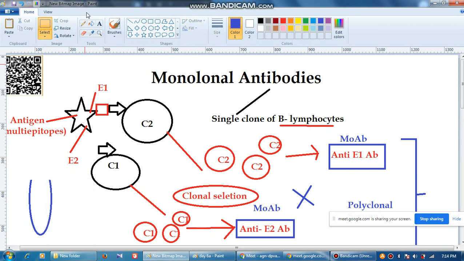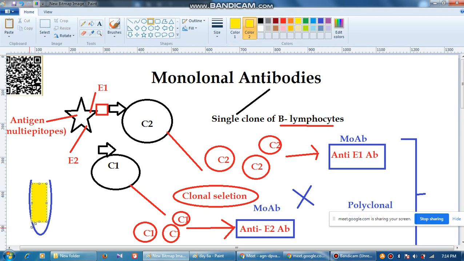Now this serum, which I usually prefer to draw in this way, would be a polyclonal serum.